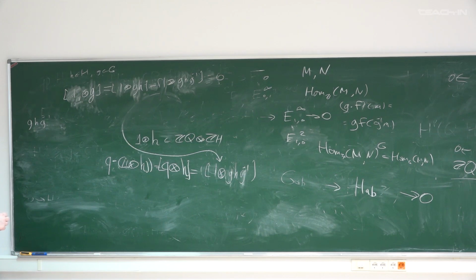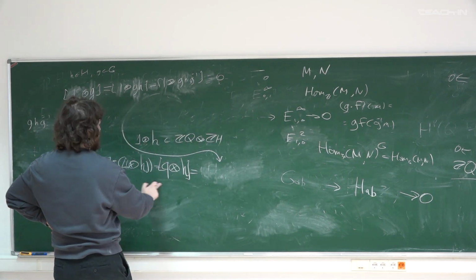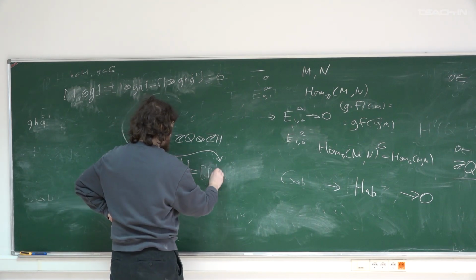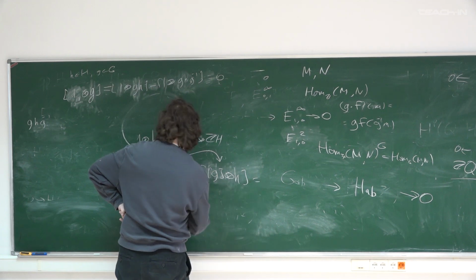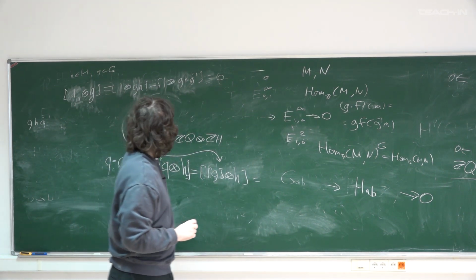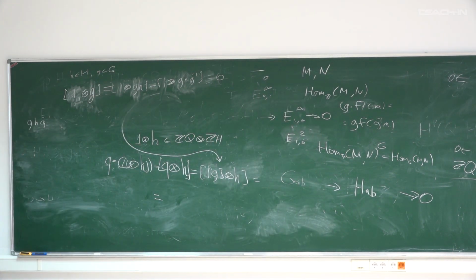Here QH is a class of some element G tensor H, which is equal to, maybe I need the previous equality also.